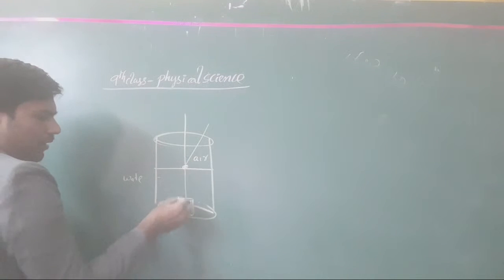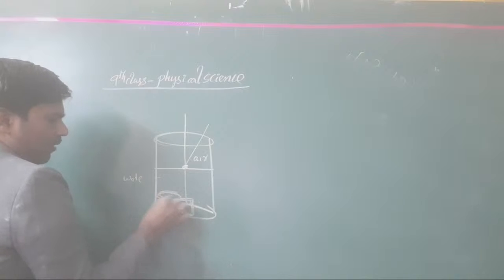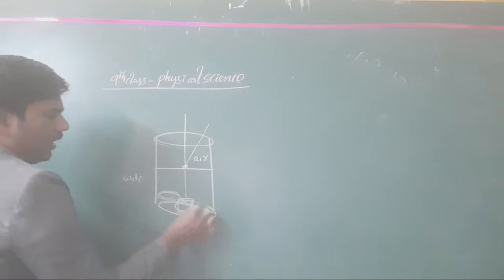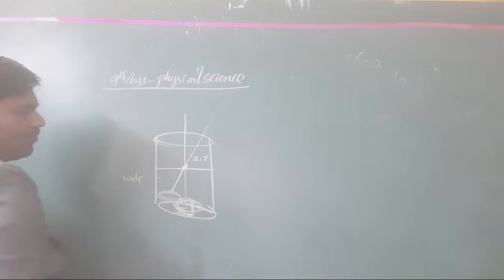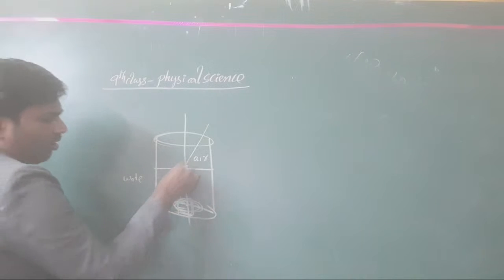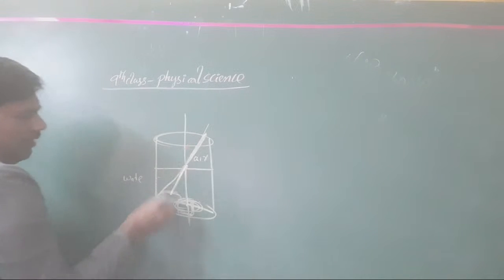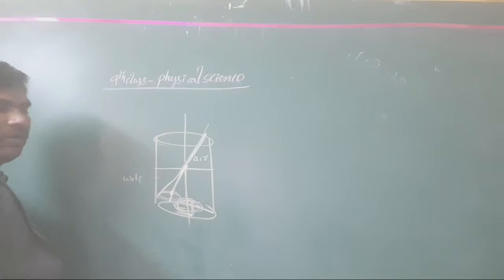Where does the coin appear? Actually, the coin appears here only for us, not here. Why? Because the light ray does not enter through this particular path. It will be what? Bent towards the normal. That's why it appears here only, not here.